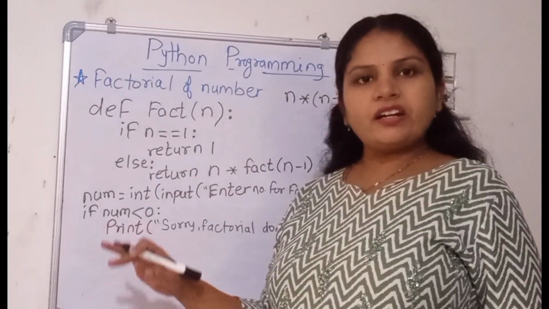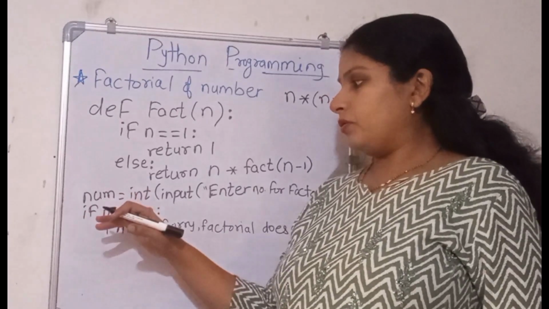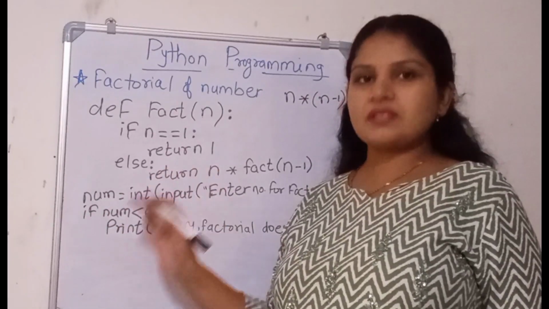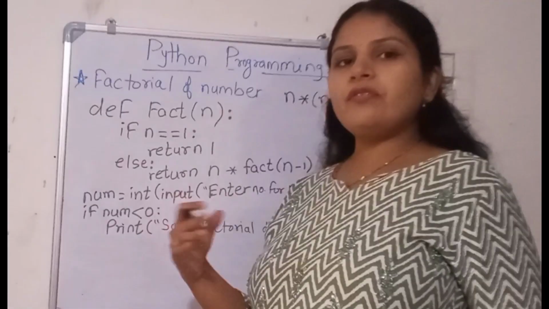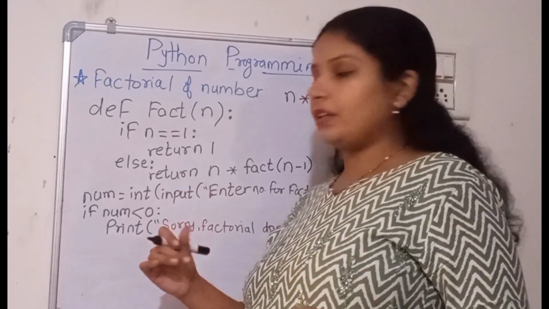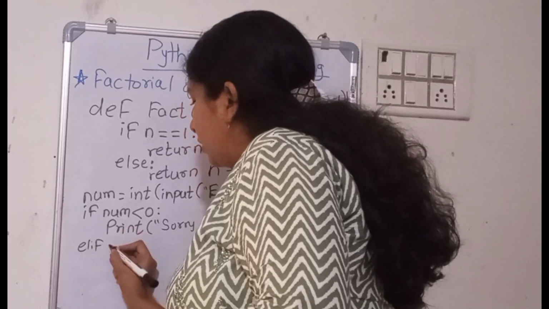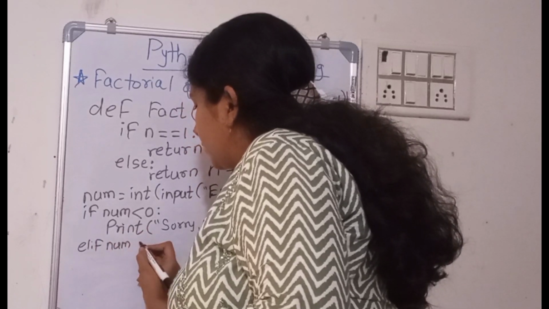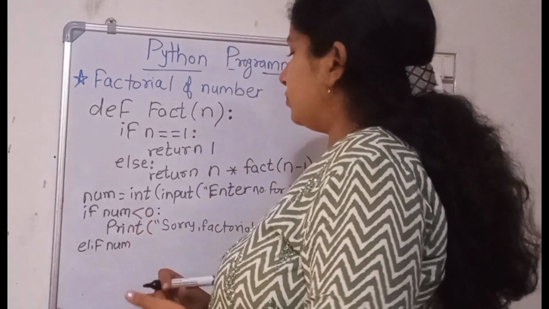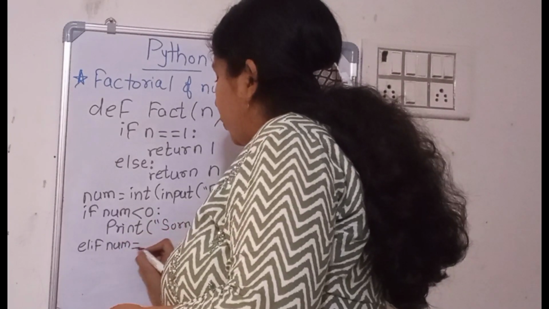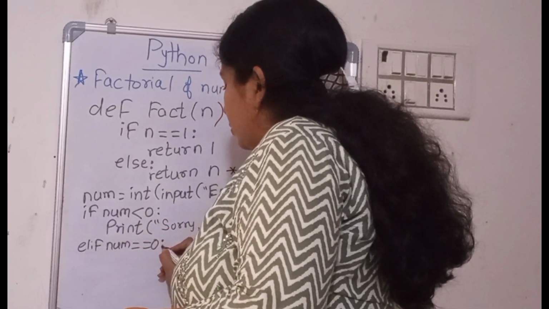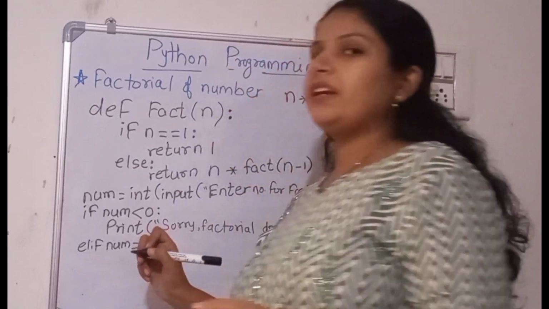Now we are checking the condition if number equal to 0, right? So here we are putting the second condition in the elif condition, elif num is equal to 0. What if the user enters 0?